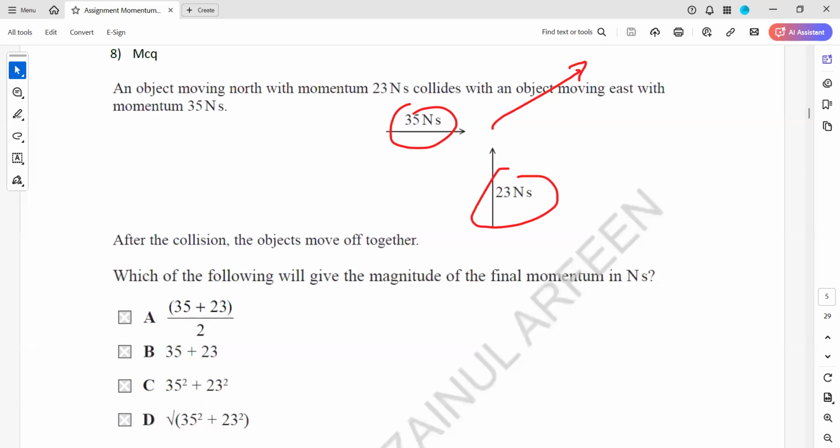The resultant will be the square root of the horizontal component squared plus the vertical component squared, so we just have to add them.